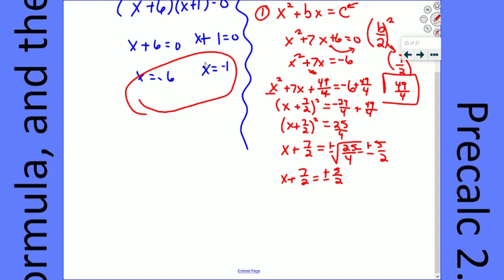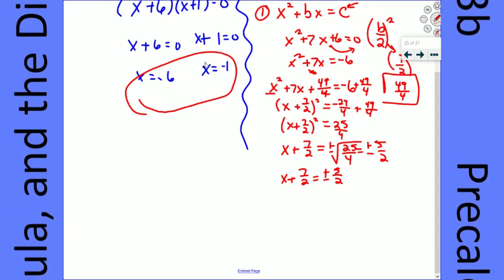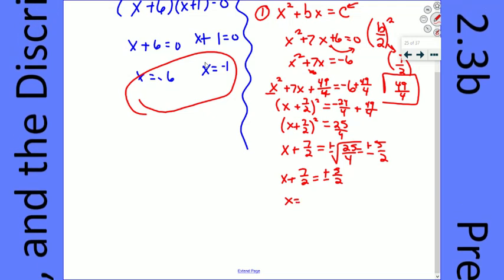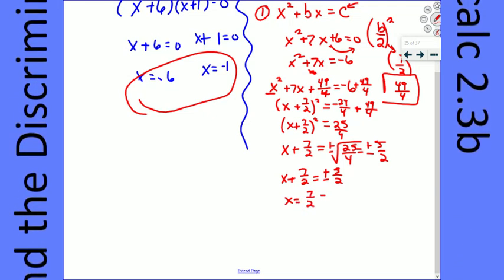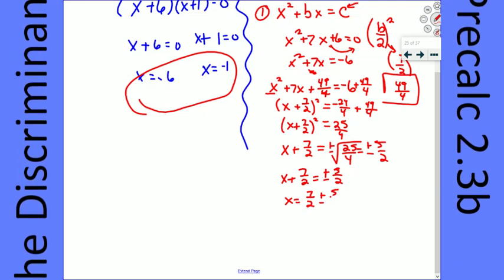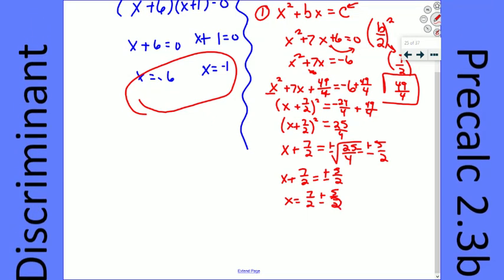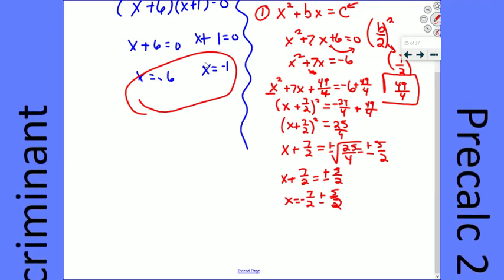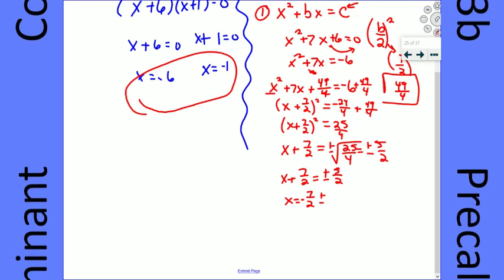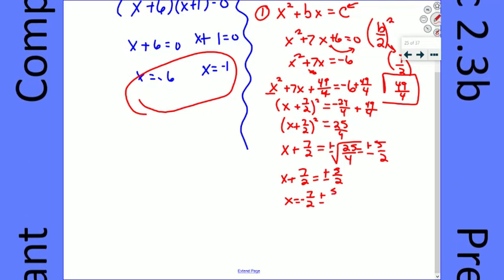So we're going to move our 7 over 2 over. Had to subtract that 7 over 2. So x equals negative 7 over 2 plus or minus 5 over 2.